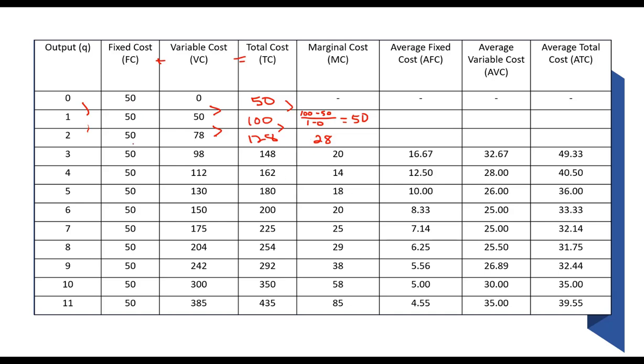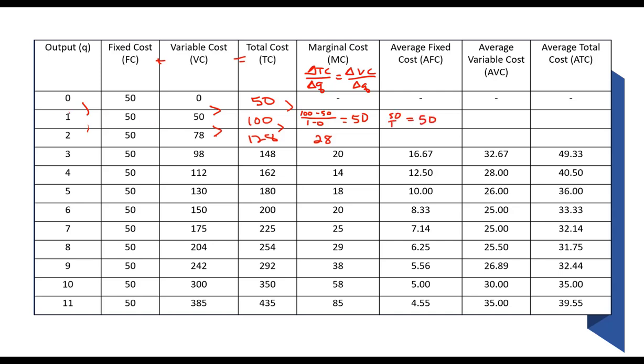And that's because fixed costs are just that, they're fixed. So to calculate marginal cost, you could look at the change in total cost over the change in quantity, or you could look at the change in variable cost over the change in quantity. Those two things will actually be the same. Average fixed cost, we would take our fixed cost of 50, divide by the number of units produced.